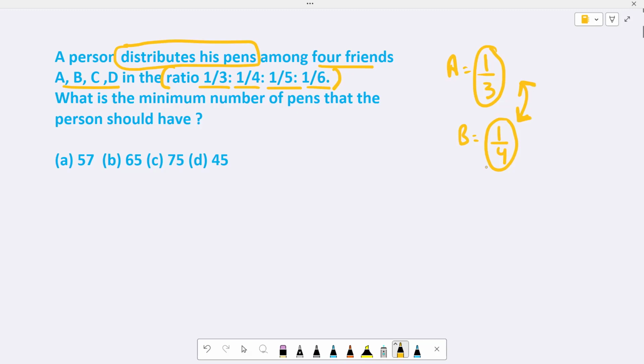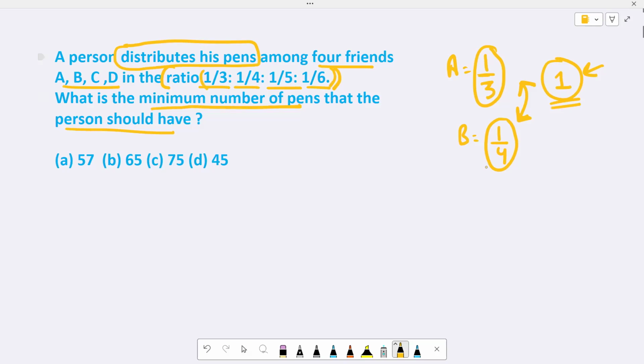And since obviously 1 upon third of a pen is nothing. A pen is a whole quantity, like a basic pen is considered as 1, right? Because pens cannot be in half, 1/3 or 1/4 of a quantity, which is the reason why it becomes necessary for us to remove the denominators and convert these fractions into simple whole numbers, so that we can compare and calculate the minimum number of pens that the person should have in order to distribute them in this particular ratio.